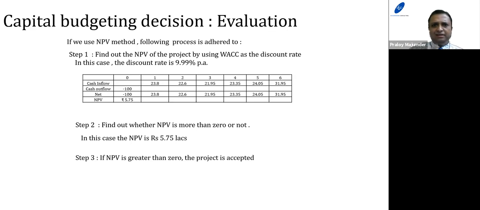IRR is the internal rate of return expressed in percentage and NPV is in amount. So if I use the IRR method for evaluation, first I will calculate the IRR of the project cash flow; we use Excel and we can get the IRR. But if you don't use Excel, we use the formula: it is the discount rate which makes the NPV 0. That is called IRR, which is nothing but the business return.